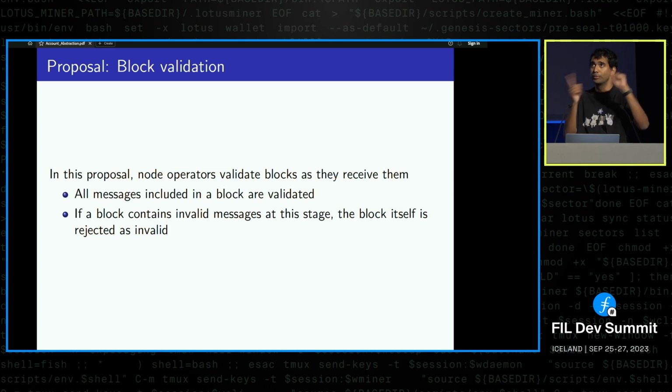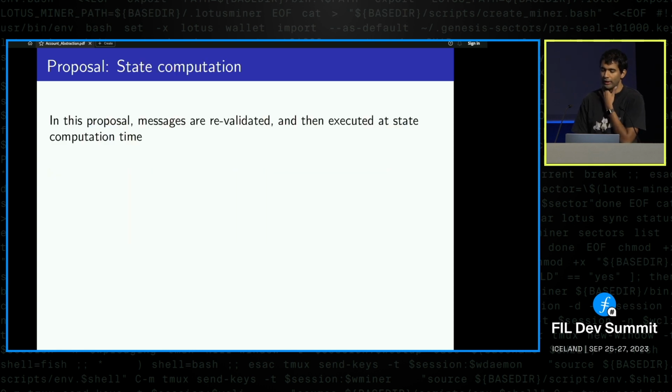So when you've just computed the previous parent state, at that point you can validate the messages too, and just reject the block entirely is my proposal. And then obviously if at the state computation stage something has changed, because it's always possible, at that point you blame the miner. All of these details are open to change, but I think that might just be fine.